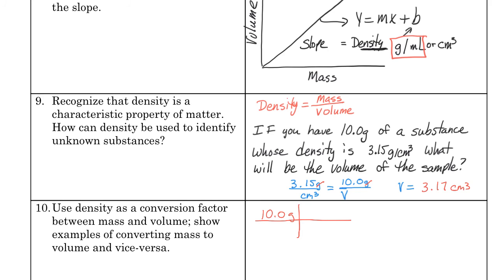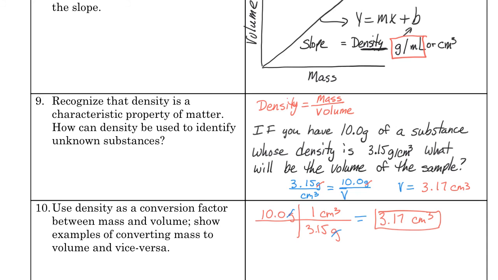So if I have gram on the top, I need gram on the bottom. There are 3.15 grams per 1 centimeter cubed. My units are going to cancel out, and I'm going to come up with my same answer, which is 10 divided by 3.15, which would be 3.17 centimeters cubed.